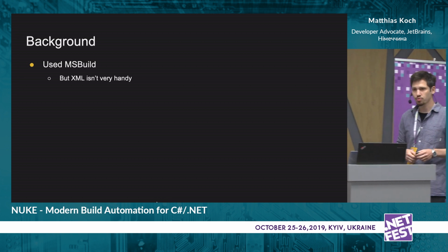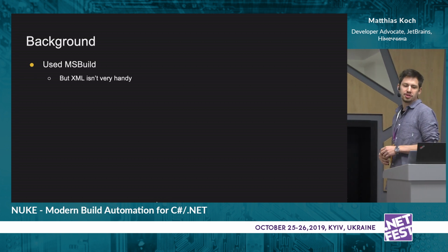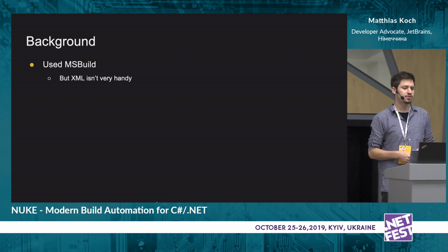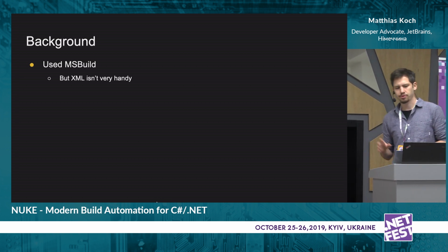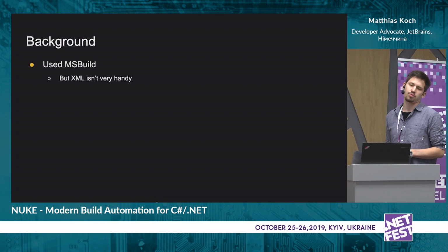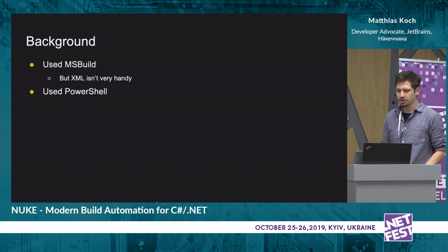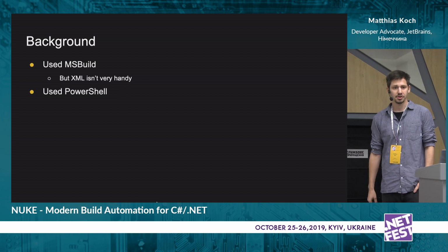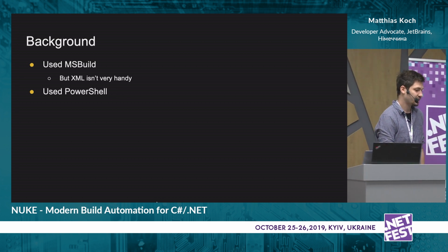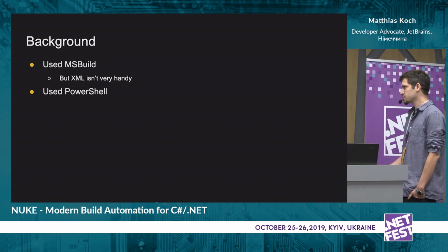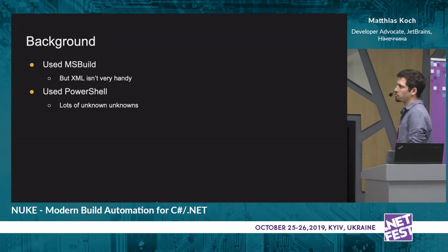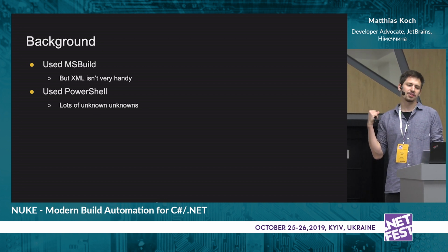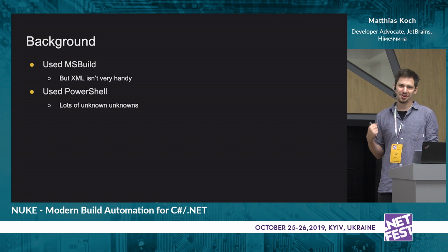So MSBuild was one of the early things to do that in .NET, along probably with something like NAnt, but they were all XML based. So then we were using PowerShell at my last company, and PowerShell suffers also from some issues, most of all from the unknown unknowns. So something you really don't know that you will have an issue with.